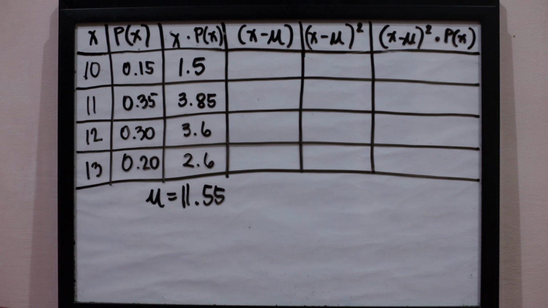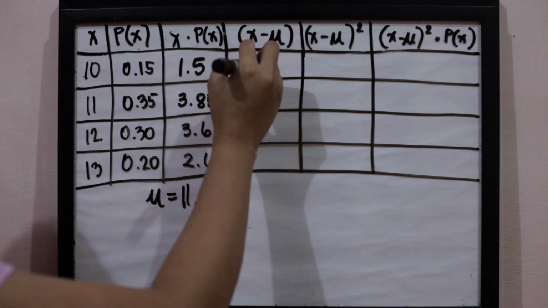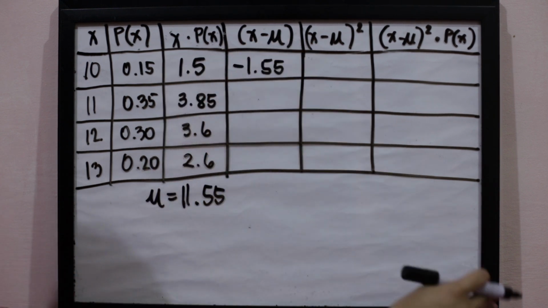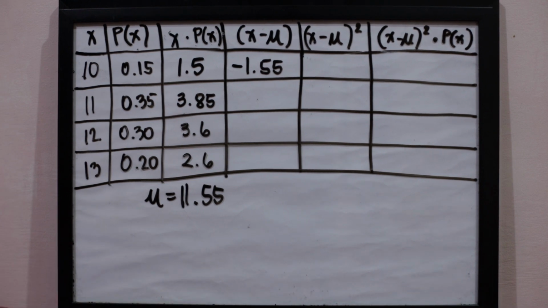And then, for the variance, fill up ulit natin yung table na to. So, again, 1 by 1, 10 minus 11.55. The answer is negative 1.55. Tapos, 11 minus 11.55.